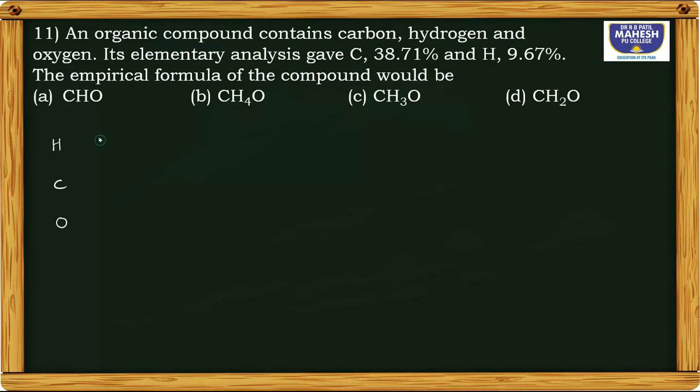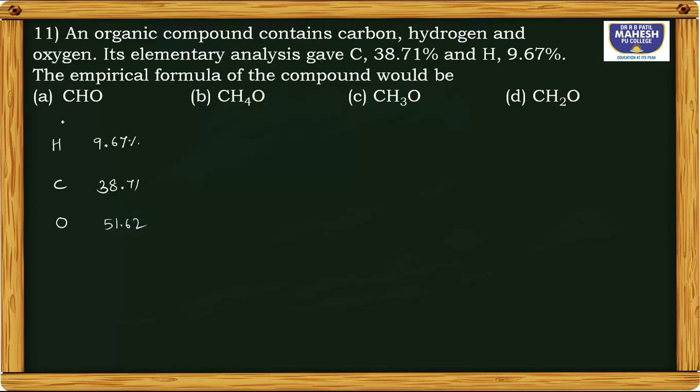The concentration of hydrogen is 9.67% as far as the percentage is concerned. Carbon is 38.71%. Oxygen is 100 minus these two values. When I do that, I get 51.62.